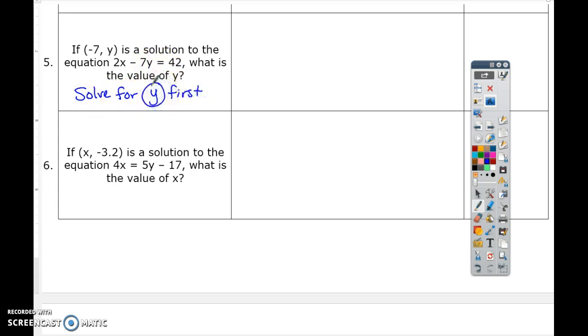Because it's telling you that you have -7Y, so we need to figure that out. I'm going to write down the equation that they gave me: 2x minus 7y equals 42.